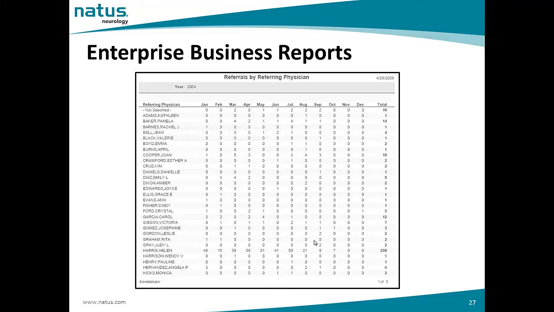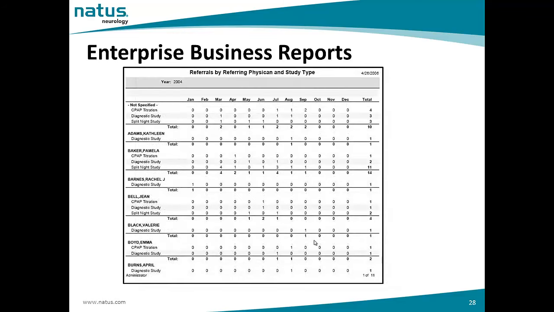I can see how many studies this doctor has been referring for me for the year of 2004, and how many studies they have been referring in the respective months. To be more detailed, for example, Dr. Pamela Baker has referred 14 studies for me in year 2004, but how many studies in each month?